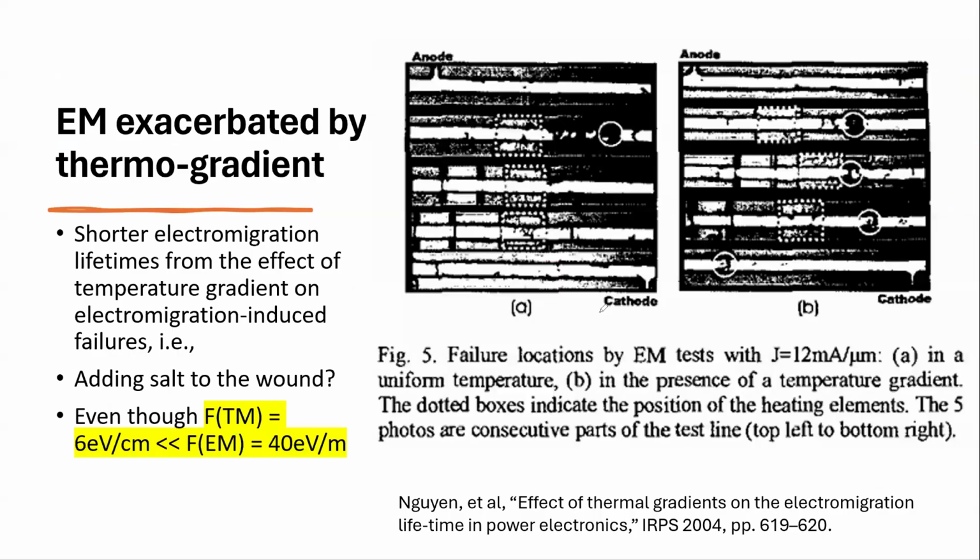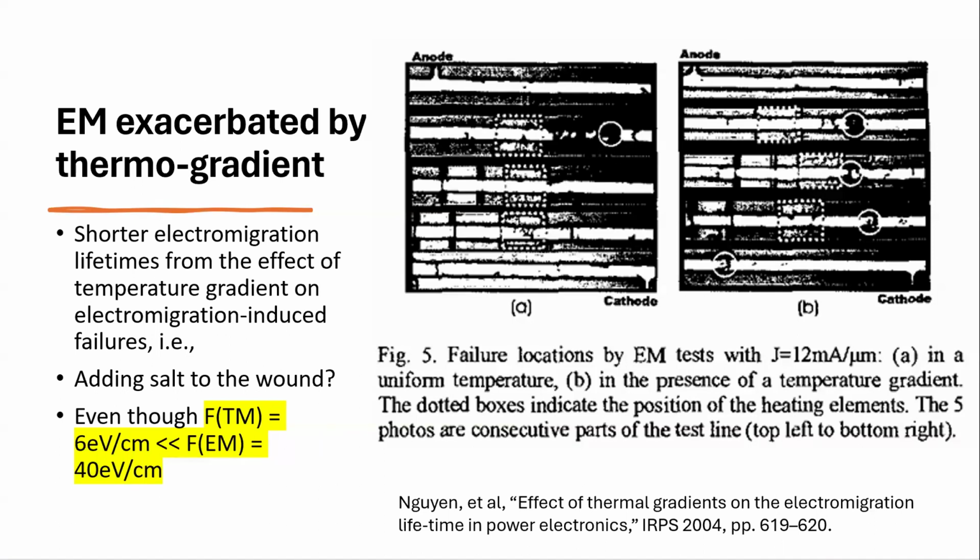Even though this experiment shows that the force is small, equivalent to 6 eV per centimeter, it's much less than the electron wind force, which is 40 electron volts per centimeter. Sorry, not per meter, per centimeter.